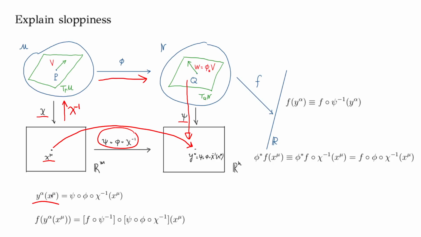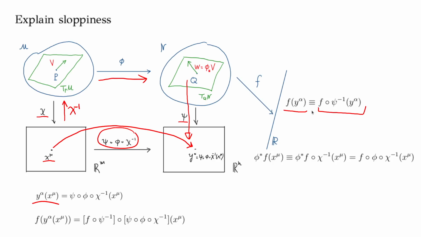Similarly, we can use the charts to define functions that are functions of the coordinates. Here I am a little bit sloppy and I use the notation f of y alpha to actually mean this function here.